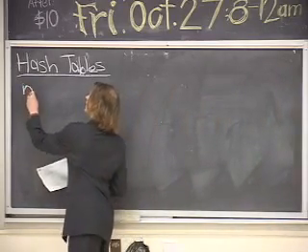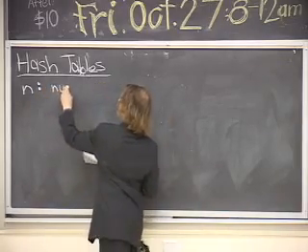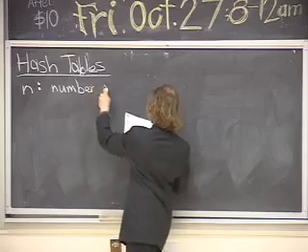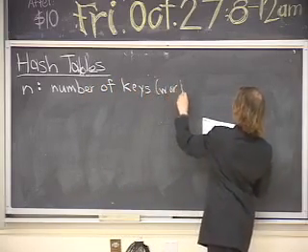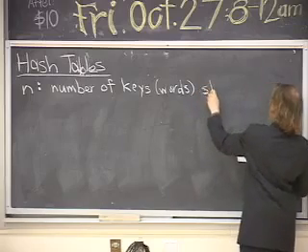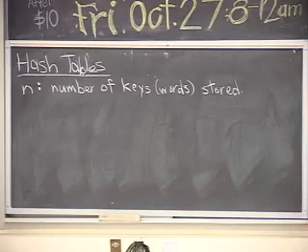First of all, I'm going to use little n to denote the number of keys that we're actually storing in the table. Now, this is not the maximum possible number of words.